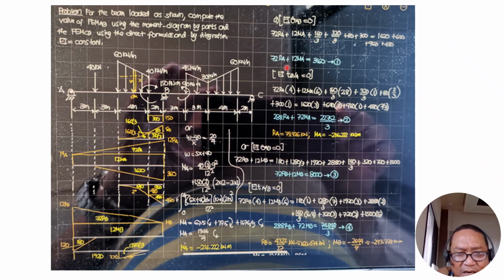Simplifying, 72 RA plus 12 MA equals, I need to look at my original copy because I cannot clearly read my own handwriting here.